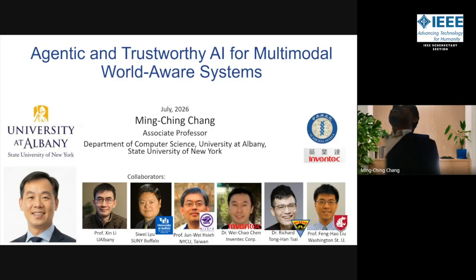He is involved in many conferences. He is program chair as well as general chair for some conferences. I think that was in Buffalo. So very active in this field. He has been doing AI, and agentic AI is the most recent and new one. So I thought it's a good idea to have him present and enlighten our audience.